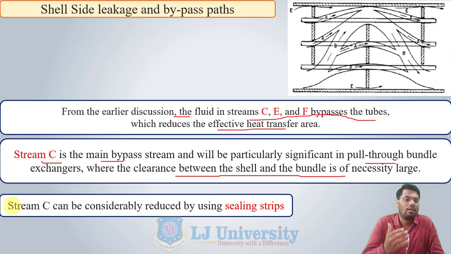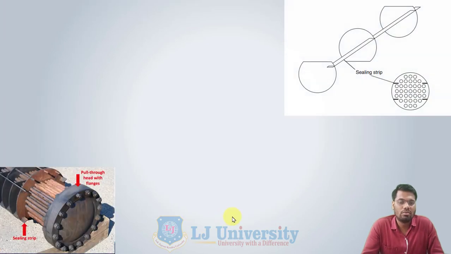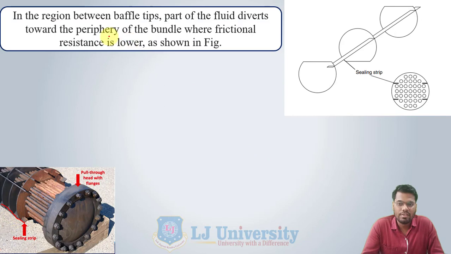Whenever there is a large clearance between the tube bundle and the shell diameter, the flow rate of stream C is obviously higher. Stream C can be considerably reduced by using sealing strips. There is a solution to that problem. This kind of sealing strip, as you can see in this figure, is used to reduce the amount of C stream.